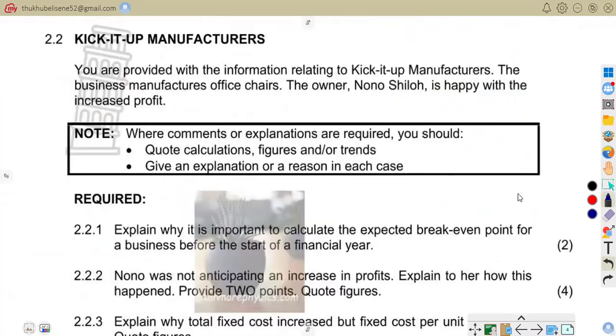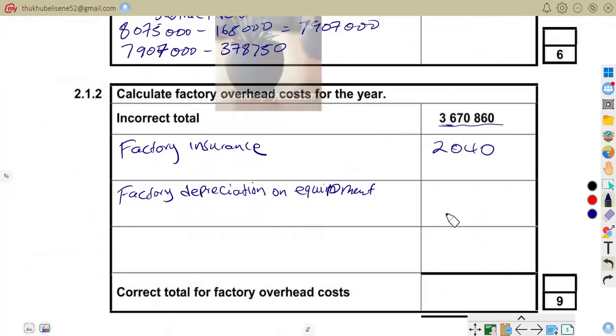So now let us go to our answer book. In our answer book, remember on our calculation, we end up with 242,000 multiplied by 15 over 100, and that is when you get 36,300, which is the correct depreciation.